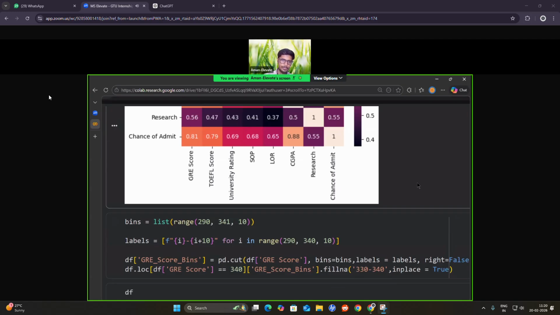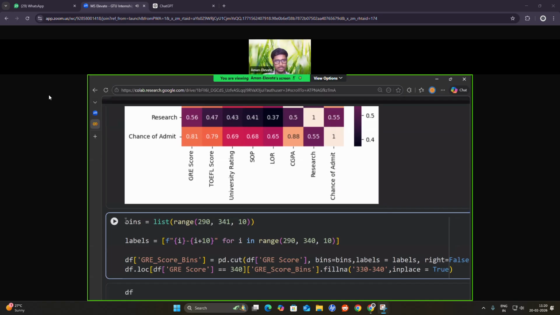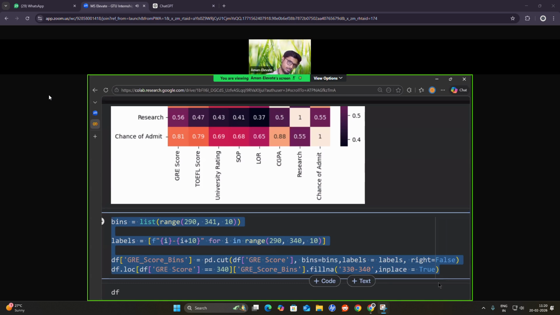Can you understand this code? What are we doing here? It's okay.